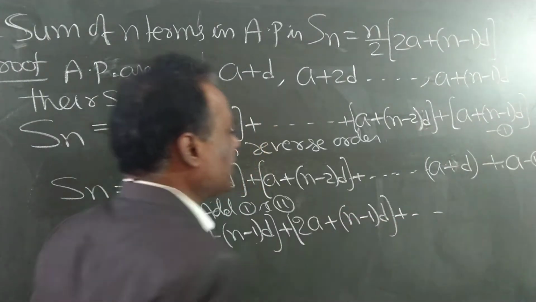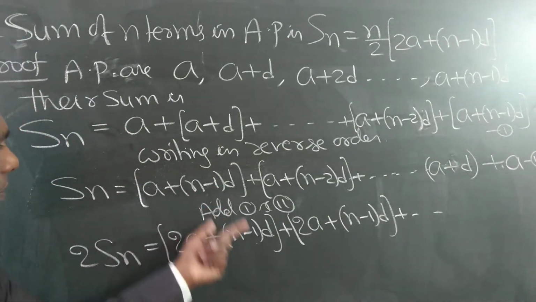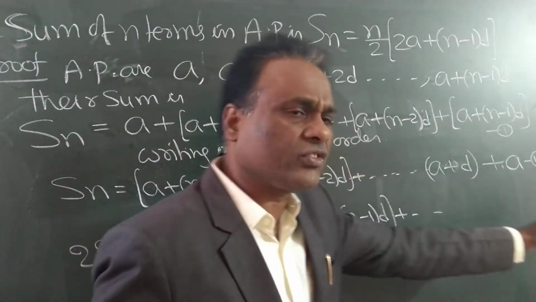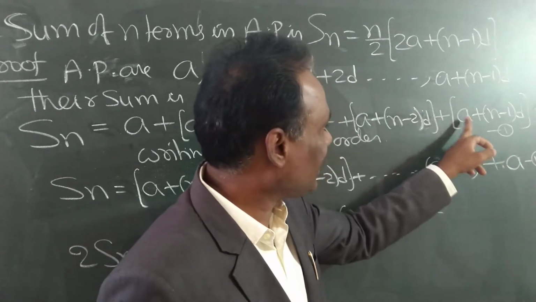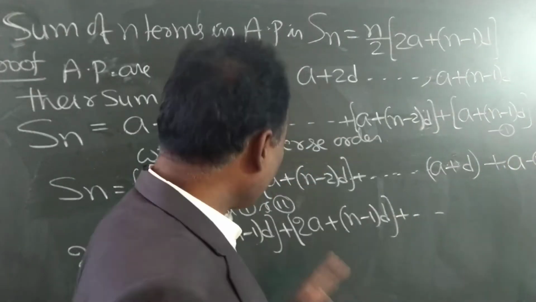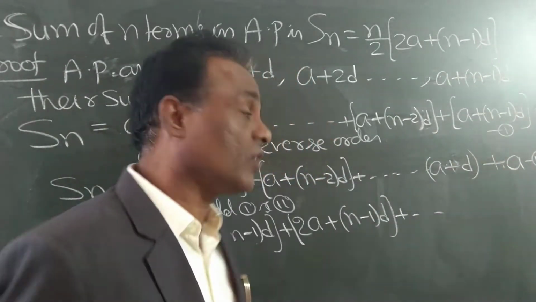Any two corresponding terms, if you add, we get the same: 2a plus (n minus 1) into d. Even the last one, a plus a, 2a plus (n minus 1) into d.